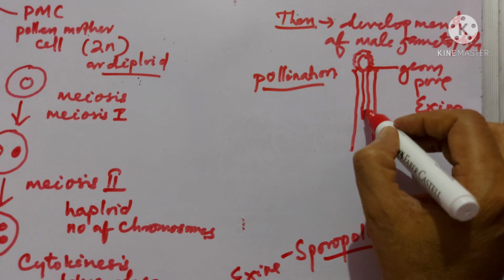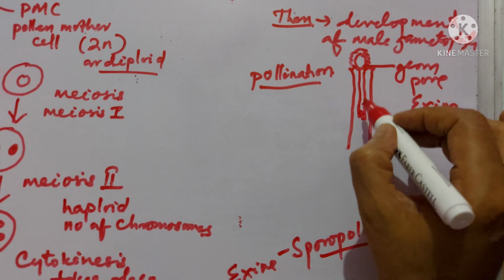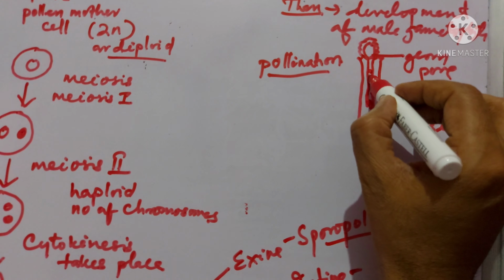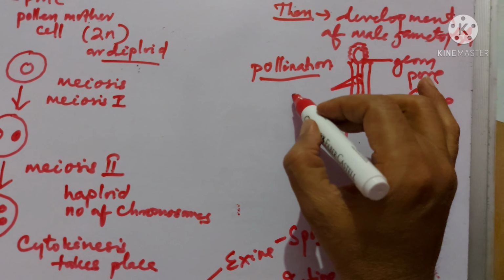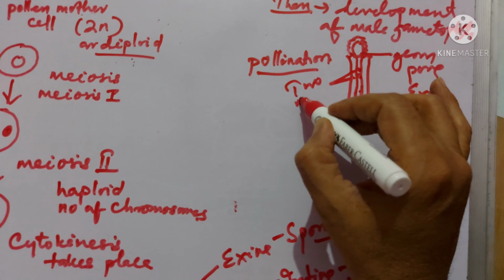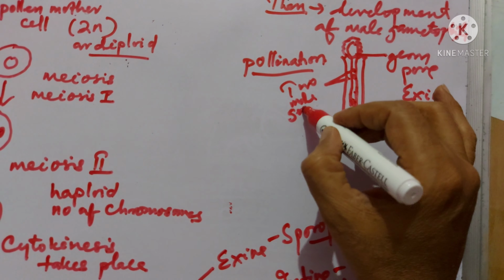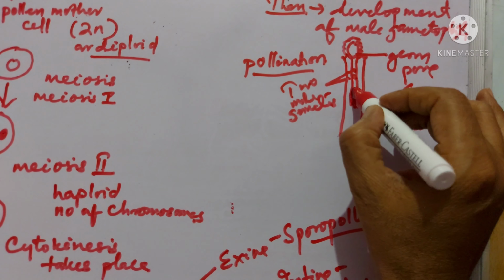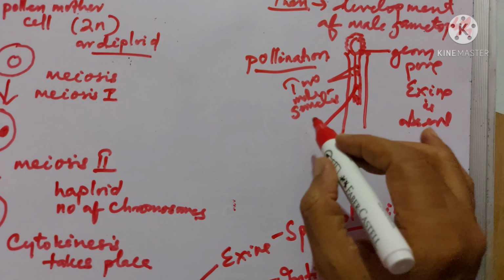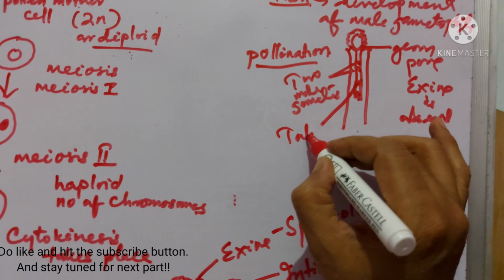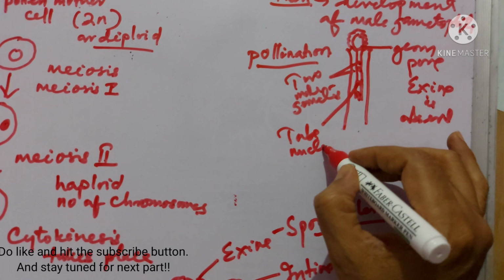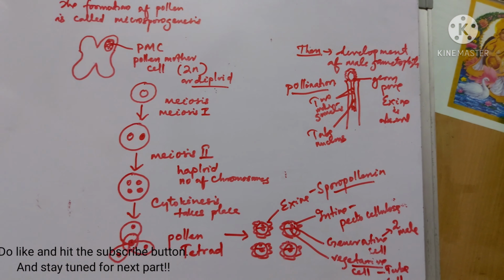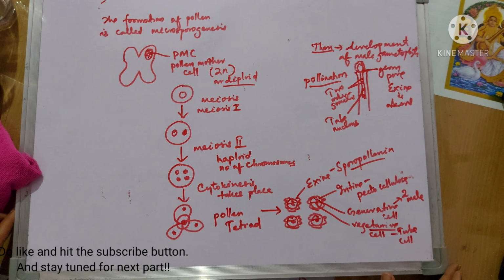Inside the style, the generative cell divides into two male gametes, and the vegetative cell behaves as the tube nucleus. Okay.